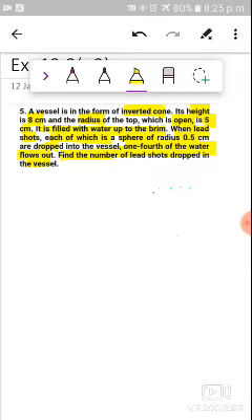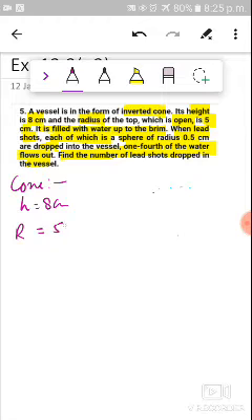So we are having here cone, and for cone what is given? The height of the cone is given, that is 8 centimeter, and the radius of the top, which is open, is given 5 centimeter. Okay, so I'm going to write it as capital R, that is given 5 centimeter.